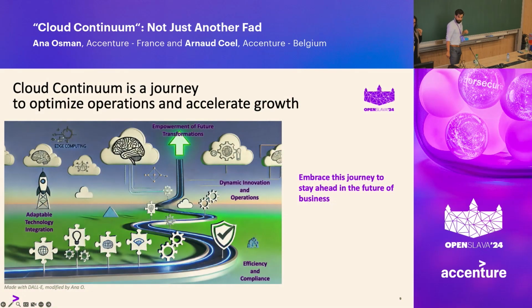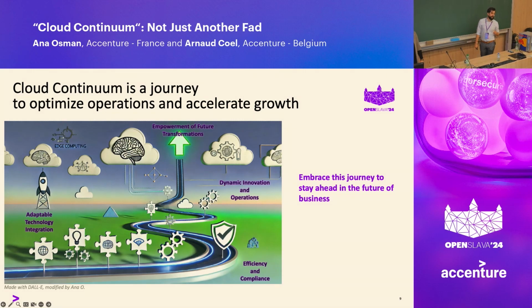Okay. So, like I said, the Cloud Continuum is a journey. It's not something that you achieve, you need to continue working on it. And once you get to that Cloud Continuum, it means that you're able to adapt to technologies easier. If you need to implement AI or machine learning into your solutions, you'll be able to do it more seamlessly. You'll be able to be more efficient in your technology transformations.